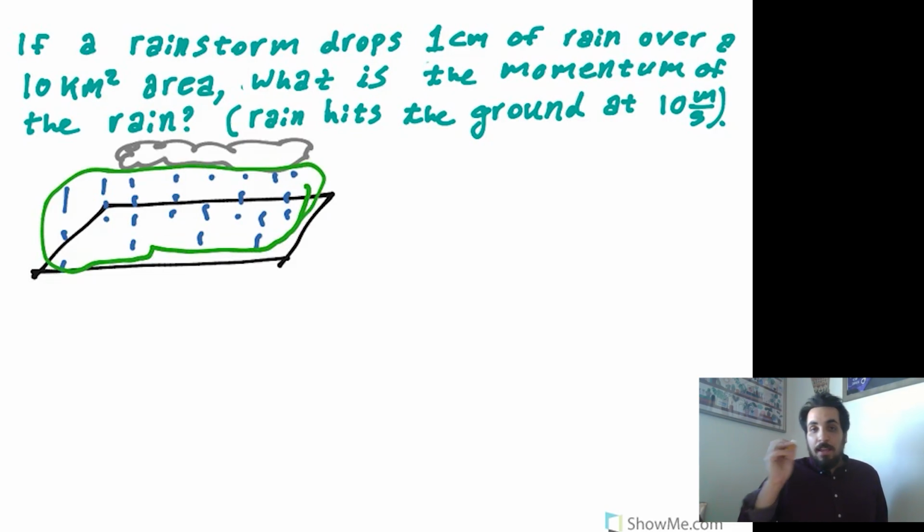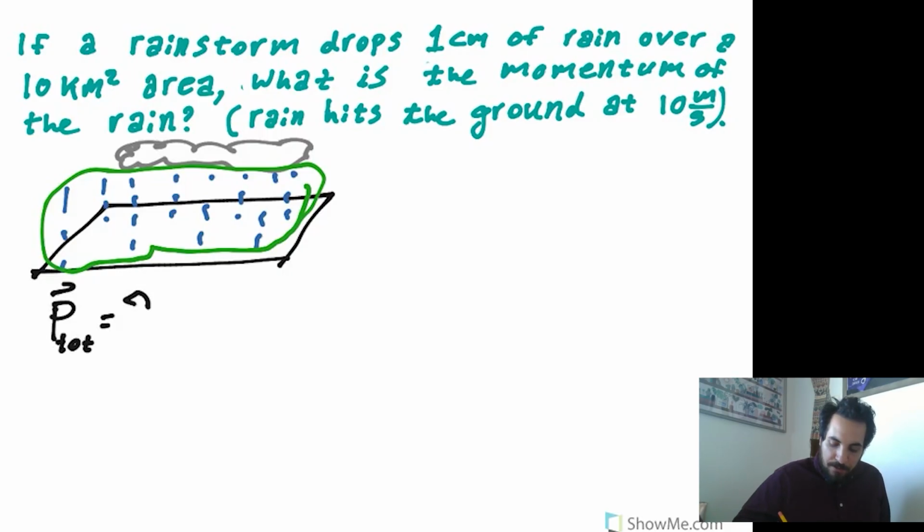So we take the time to calculate every single raindrop's momentum, and we can find the total momentum of a system by summing together the momentum of the individual raindrops here. So I'll use the sum of p_i, where i is equal to 1 to the n number of raindrops that are present, but that's unrealistic. You can't really calculate all of the raindrops' individual momentum.